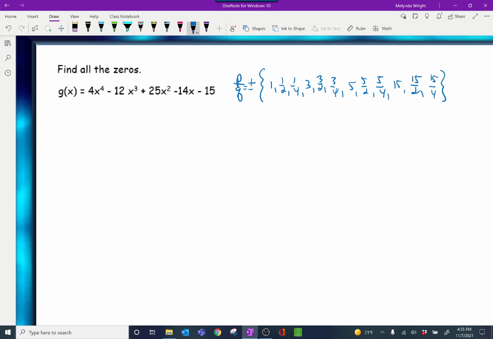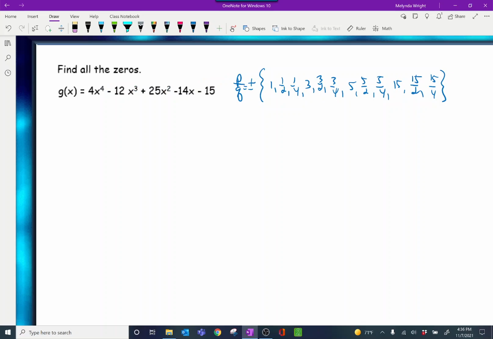So what do we do with those? How are we going to figure this out? This is where synthetic division comes into play. So if you recall, with synthetic division, we first of all have to make sure that all of the exponents are there. I've got a 4, 3, 2, a 1, and a constant. I have everything I need, so I don't need to insert any zeros.